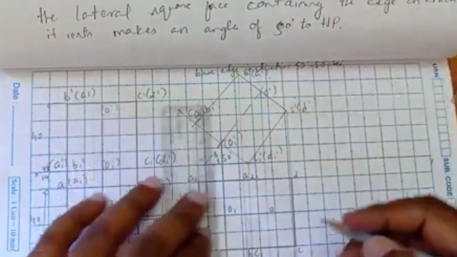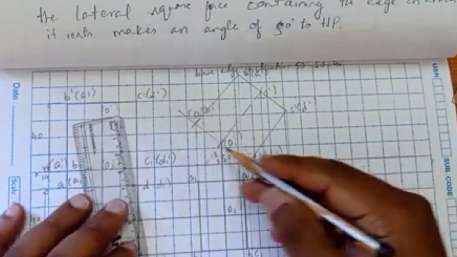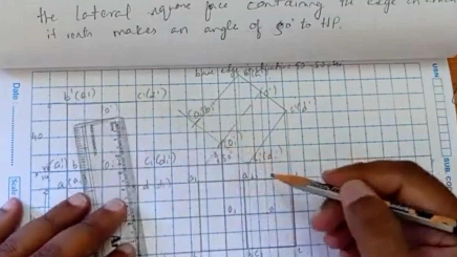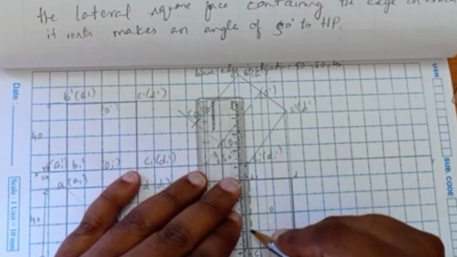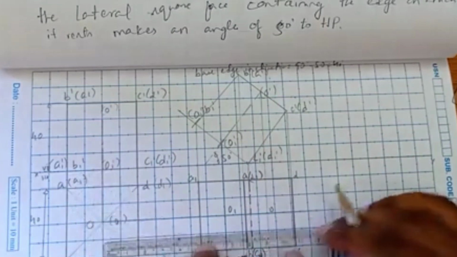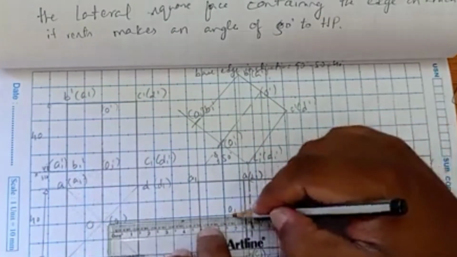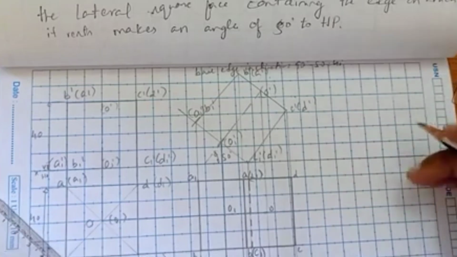This top face is visible, ABCD top face. Okay, the bottom face here, C1 and D1 are not visible from the top face. That's why D1 and C1 are in bracket. And finally we have an axis, so we are showing it.